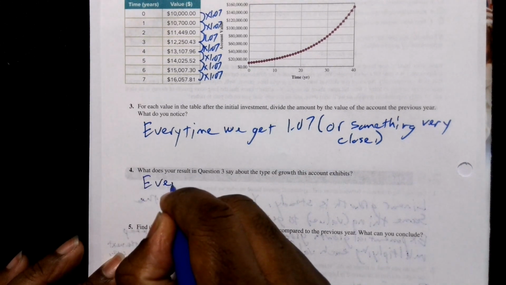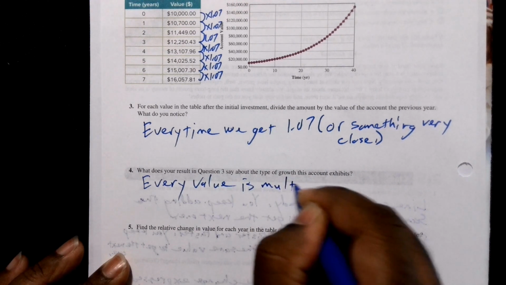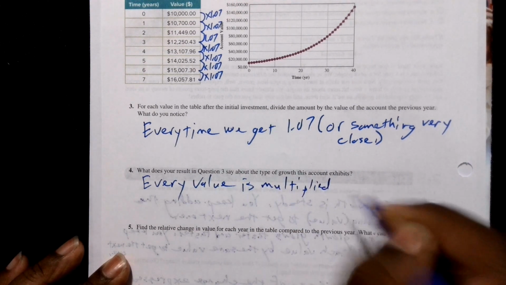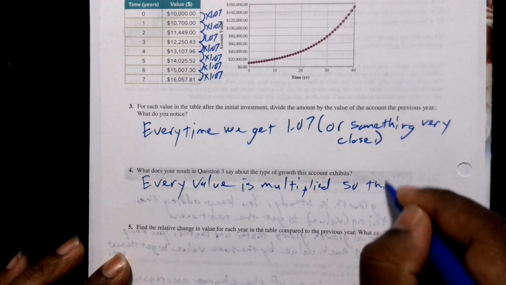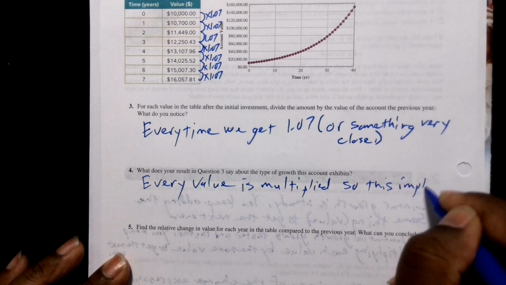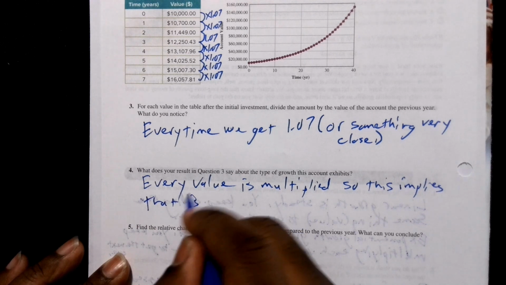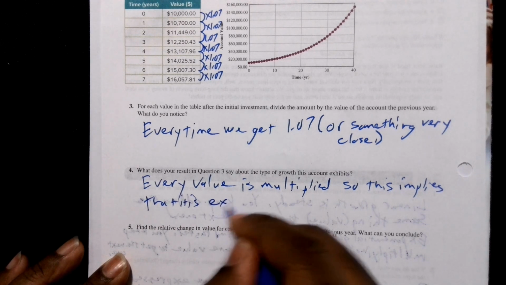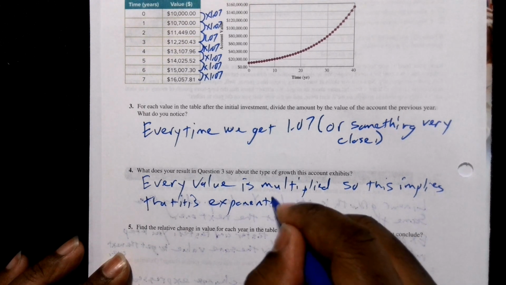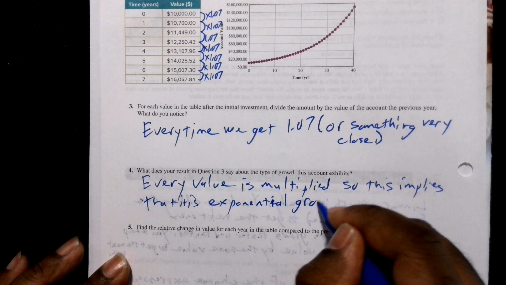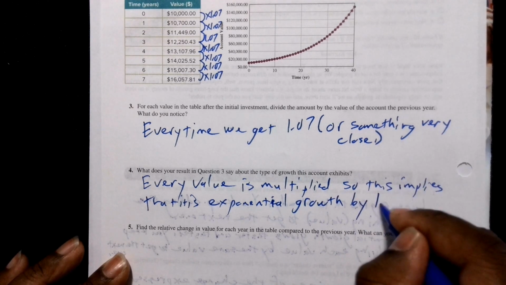Every value is multiplied. So this implies that it is exponential growth by 1.07.